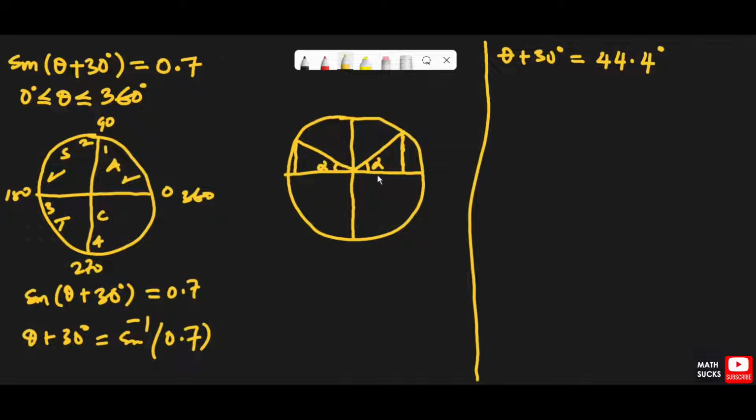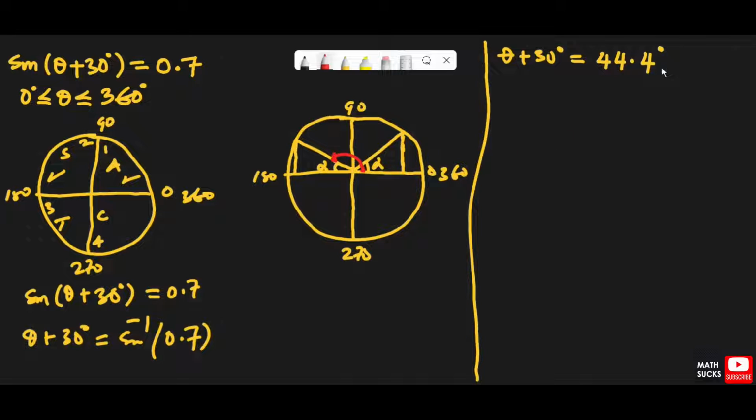So the target is to move from 0 and generate all other possible angles. So how do we do that? This is 360. When you move from here, this is already our first angle, which is 44.4, and the second angle is also here, and that is going to be 180 take off this angle to give us this balance.